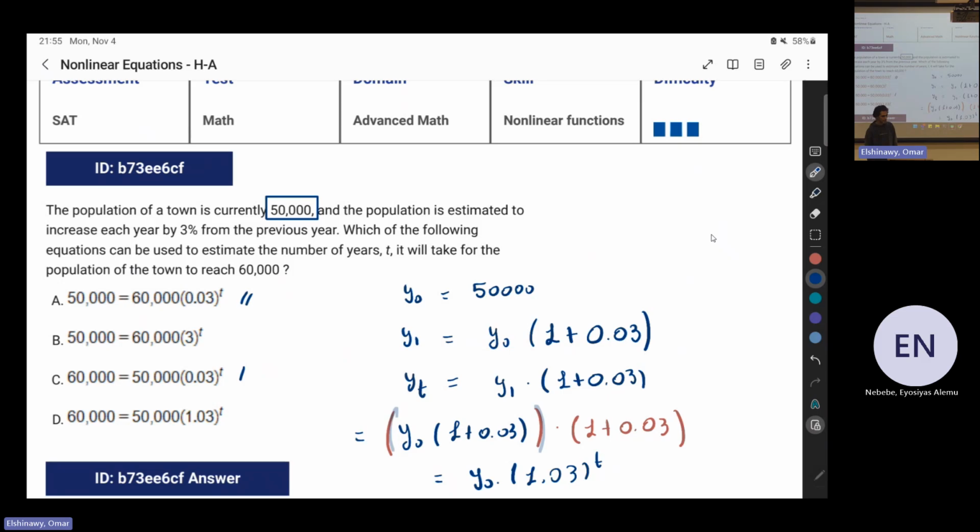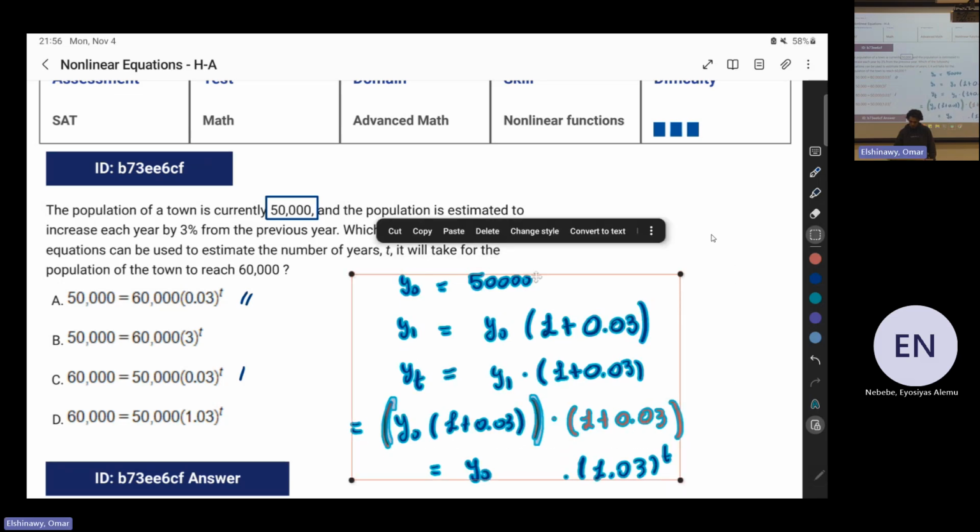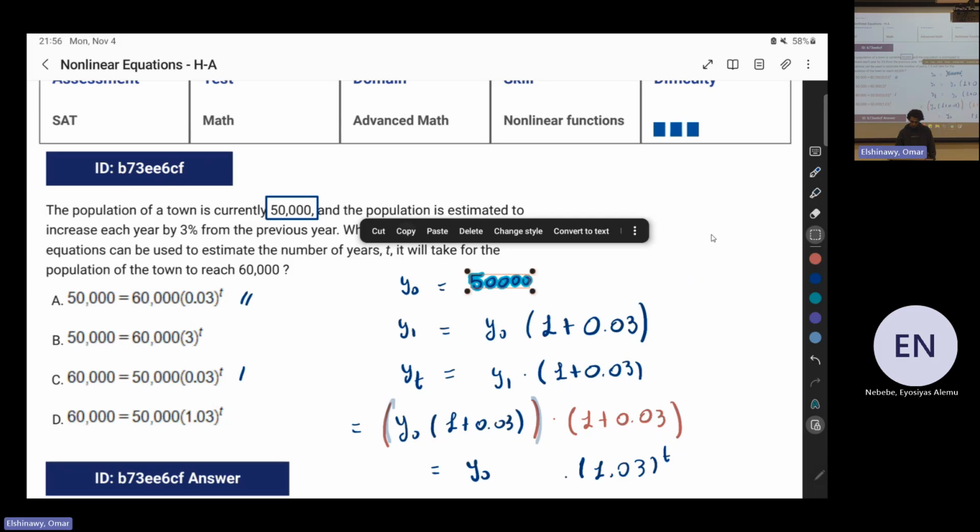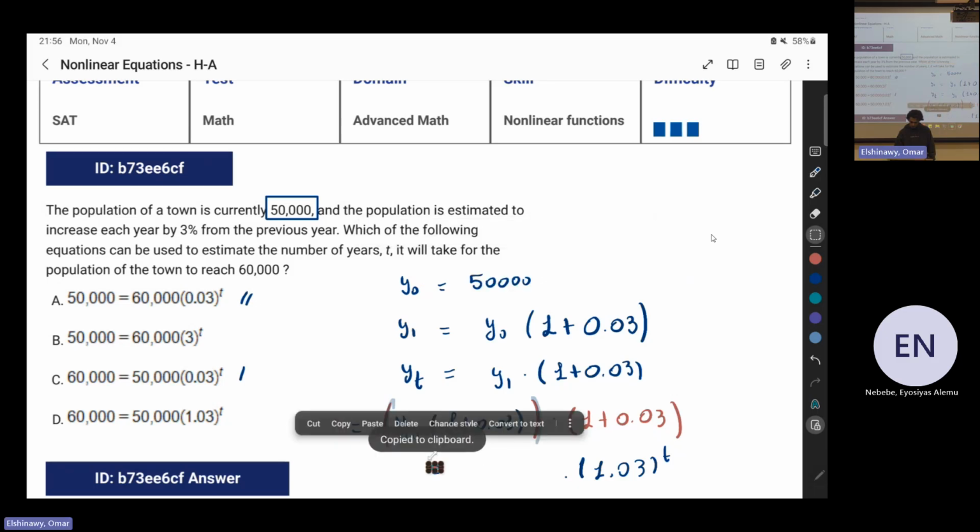See what's going on? Okay. This y0 again is my initial starting point. So I can replace my y0 with the 50,000 that I've written down here.